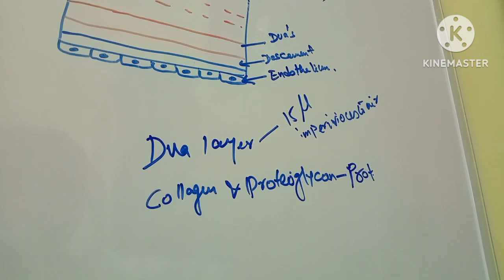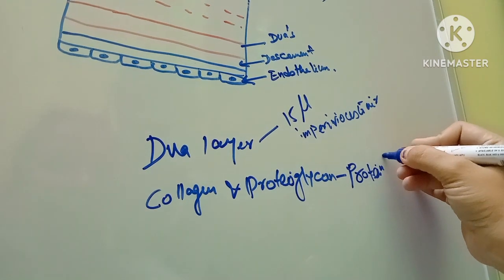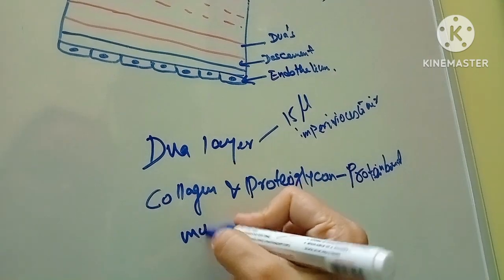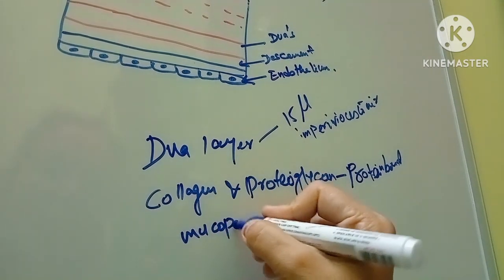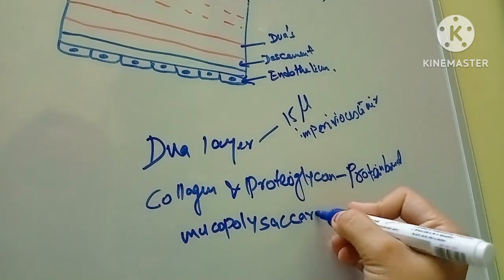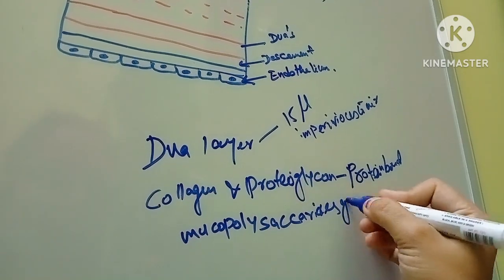It is formed by collagen and proteoglycan. Proteoglycan means protein bound, one kind of mucopolysaccharide group.